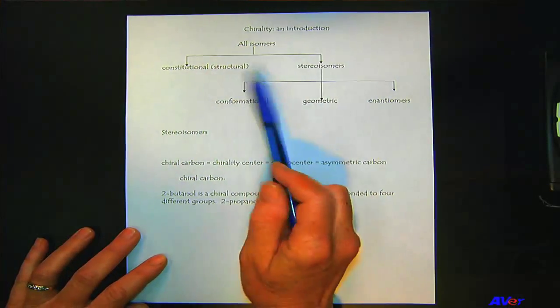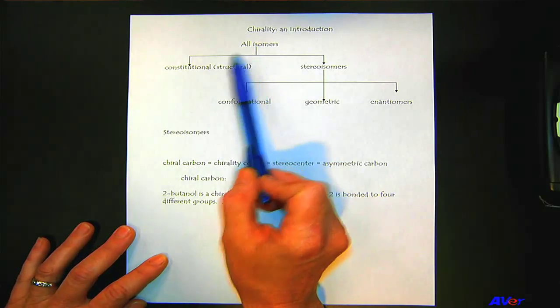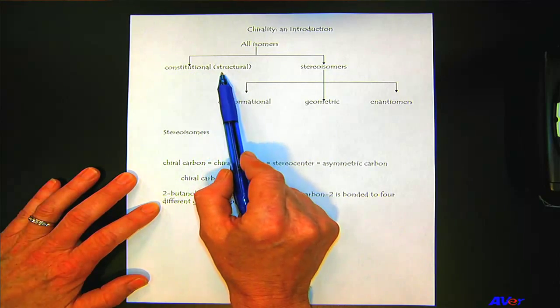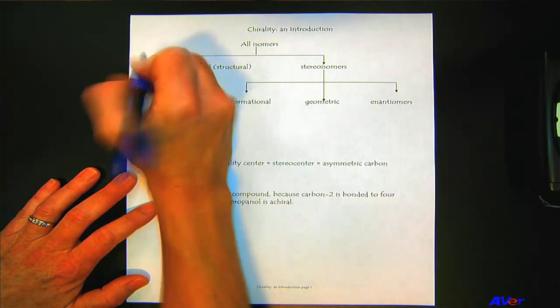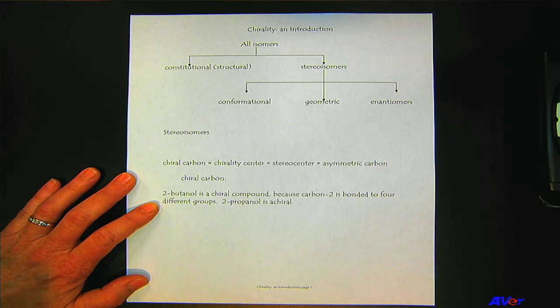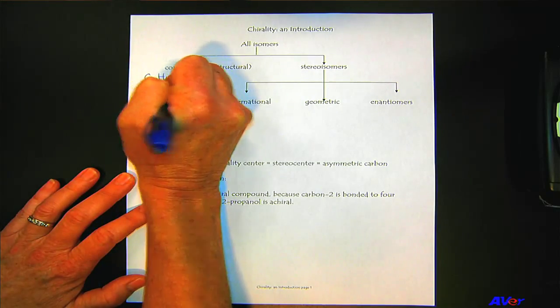Alrighty, now we've learned a lot about different types of isomers, right? So initially we started with learning about constitutional or structural isomers, right? And at this point in your mind you should have a definition of this term just popping into your brain. If not, just something to work towards, right?